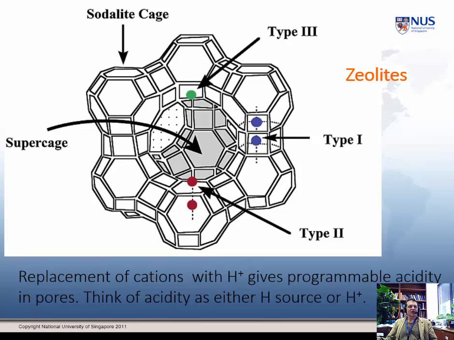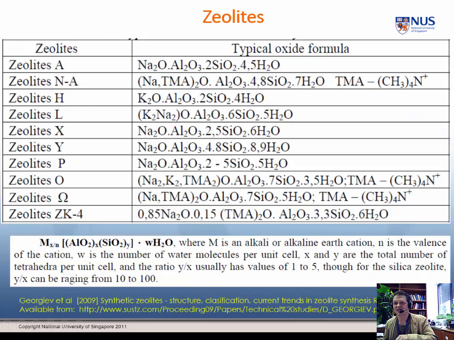We thought, showing you a structure here, I'd like now to think a little bit about nomenclature, because we're going to need to go there anyway at some point. So, the general types of zeolite. So we have a whole range here with typical oxide formulas.